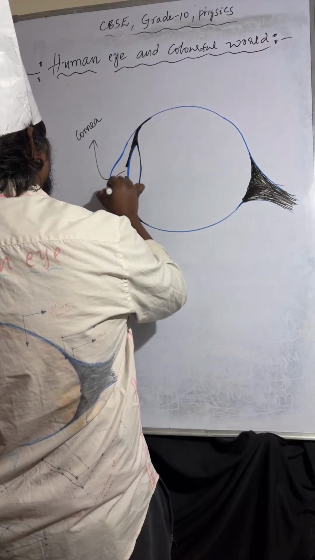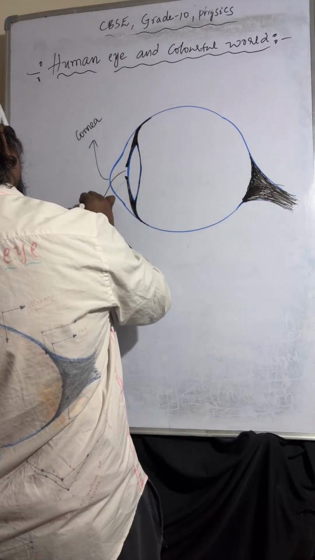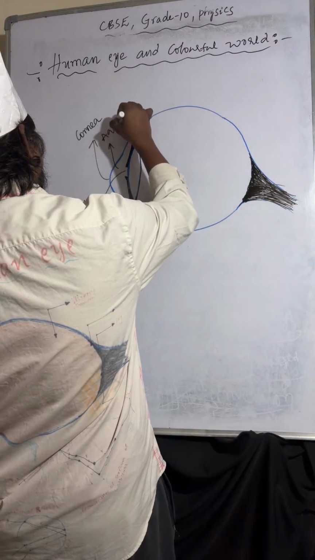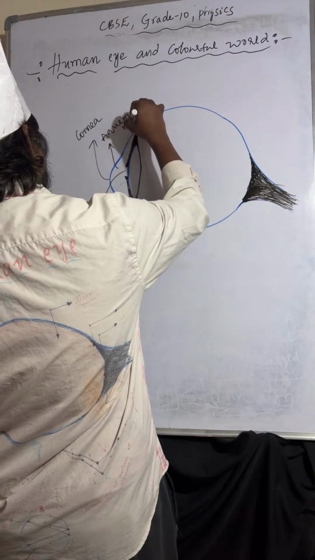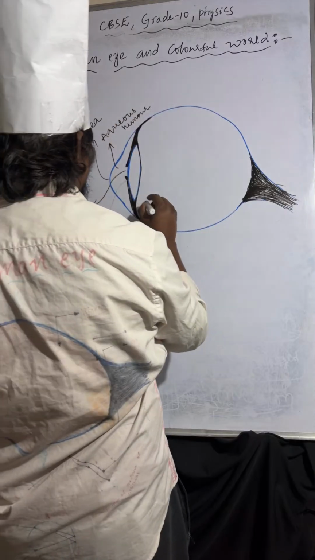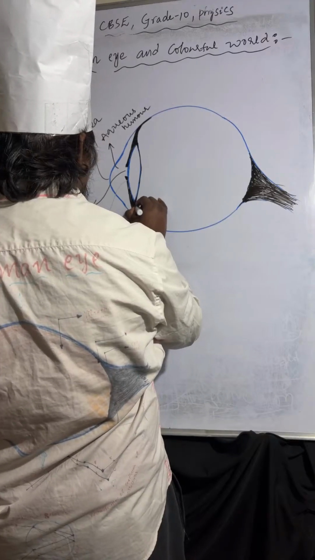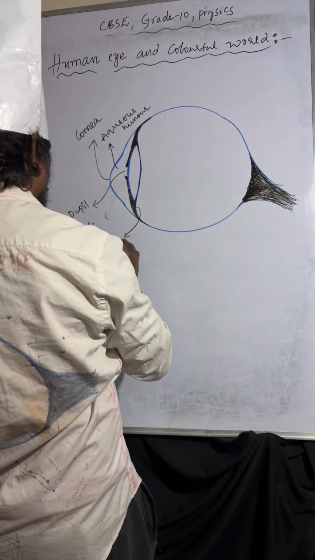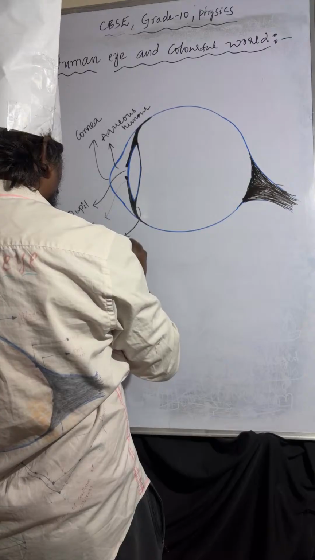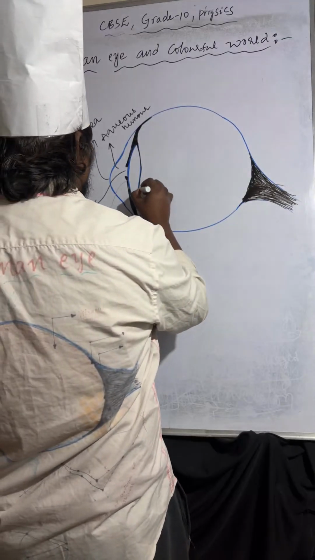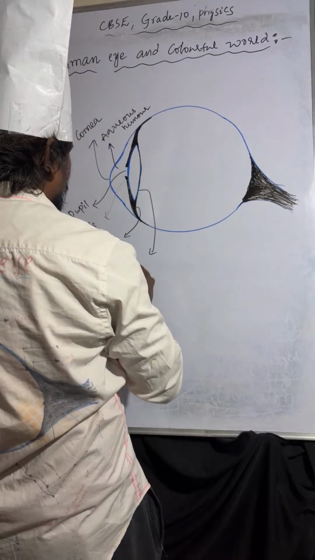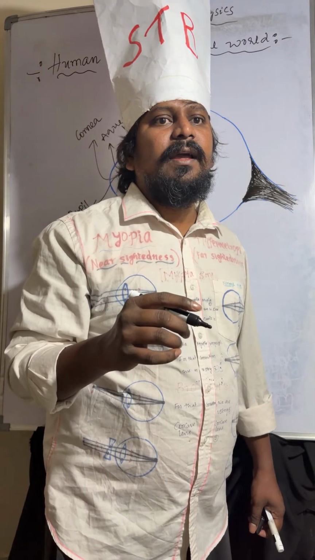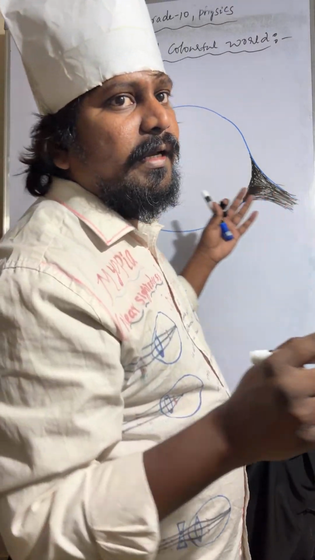This is the pupil, and this one is the aqueous humor, and this one is the ciliary muscles, and the lens.